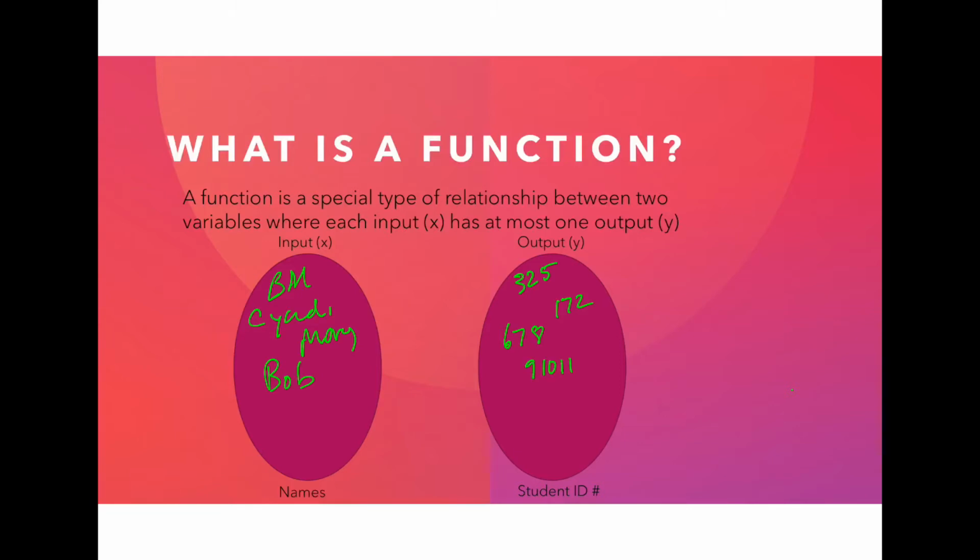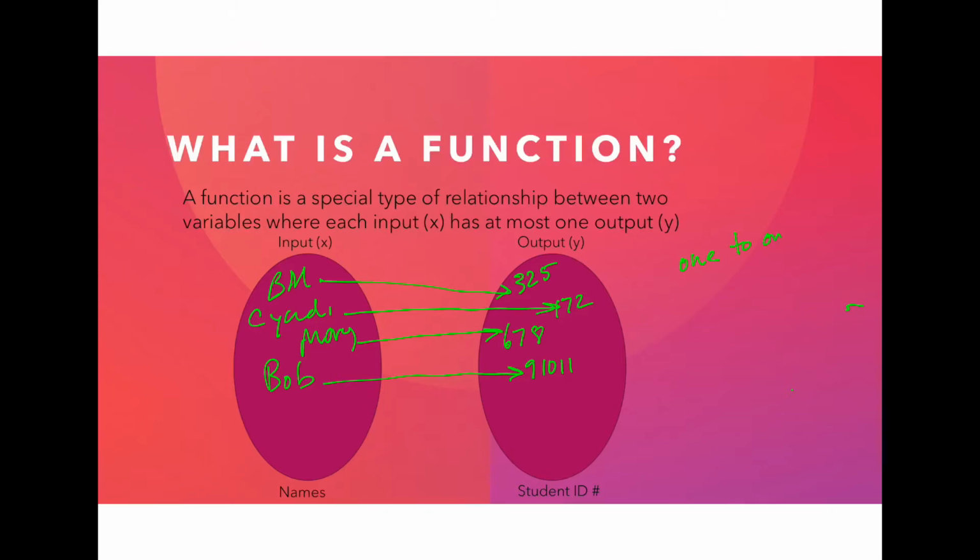These students all have a certain student ID, and in fact, they're all going to have a unique ID. So we don't even have different people having the same ID. This is a special type of function relationship where it goes both ways.